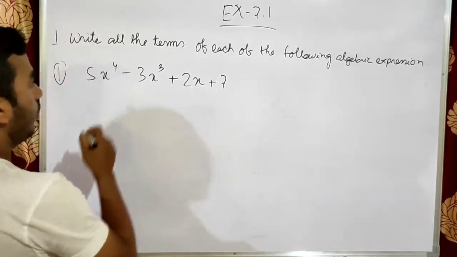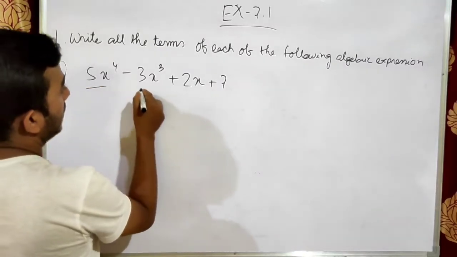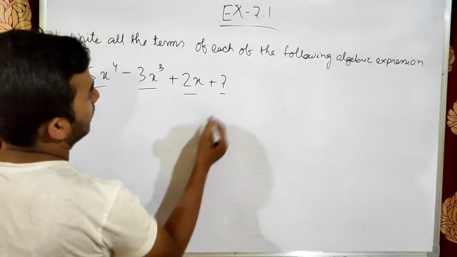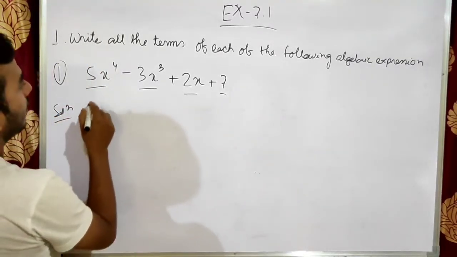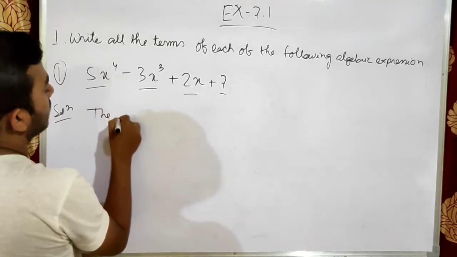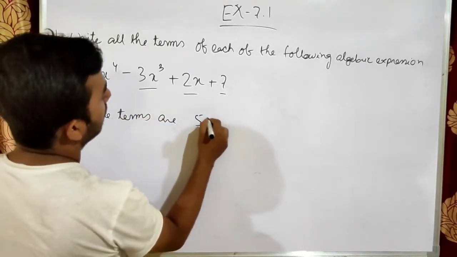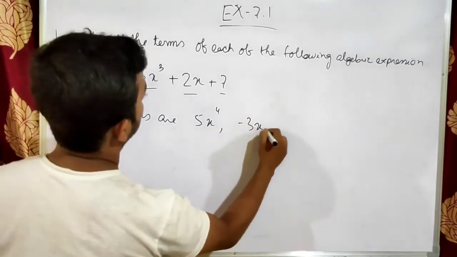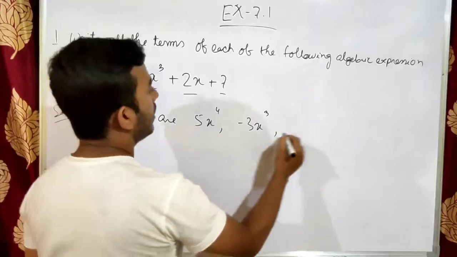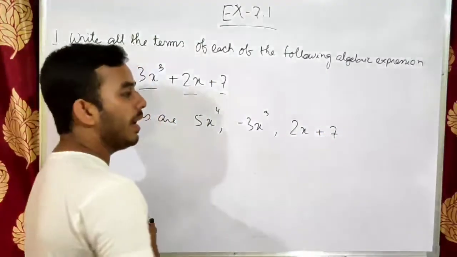So which are the terms here? Here 5x to the power 4, minus 3x cube, 2x, and 7, all are terms. So we will write the solution: the terms are 5x to the power 4, minus 3x cube, 2x, 7, like this.